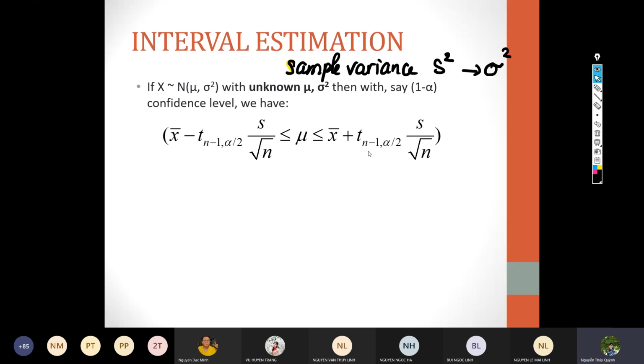Because remember that when we do not know the population variance, x bar minus mu divided by s over root n will follow a t distribution with n minus 1 degrees of freedom.